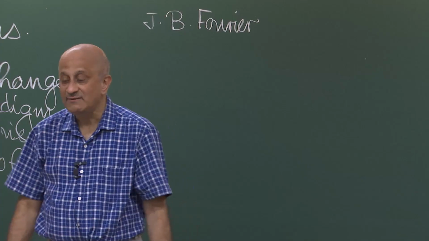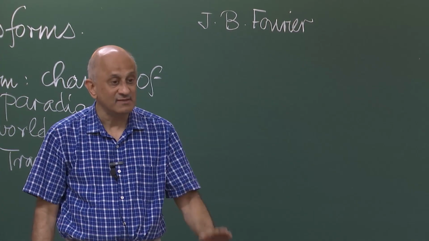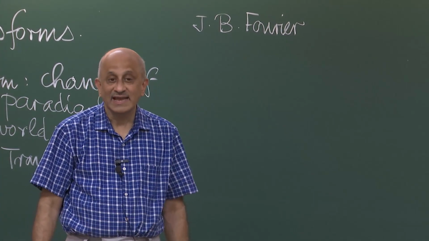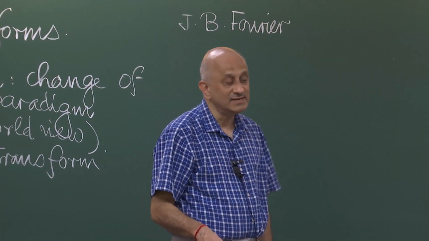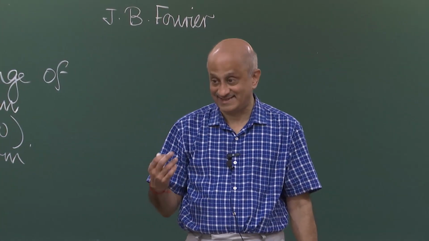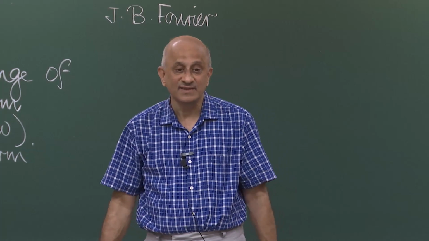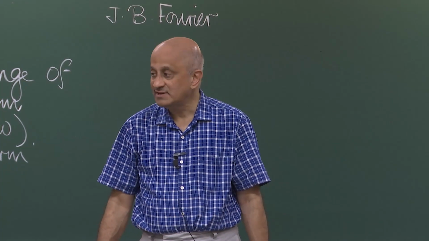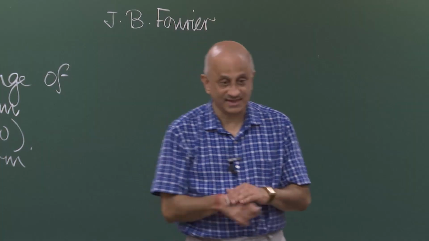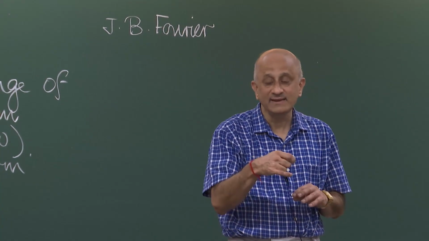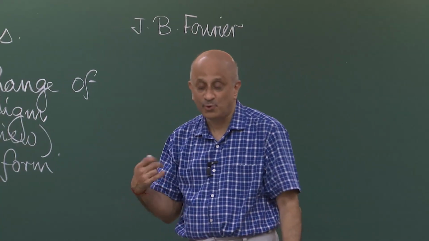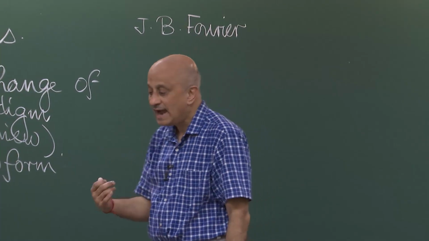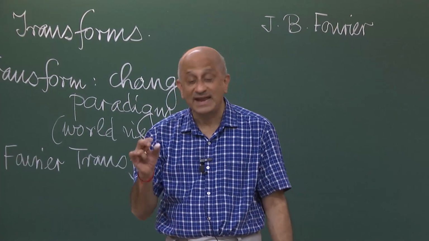And he noticed that if he wanted to solve the differential equations which related to the propagation, it would be easier to think of the solution as a combination of sinusoids. It would be easier to think of the solution as comprising of sine waves, because you could then think of it as having several components. And of course, you calculate the strength of each component.